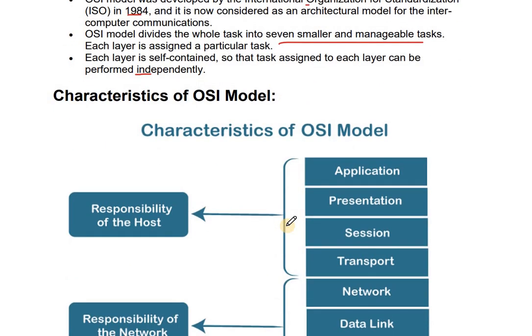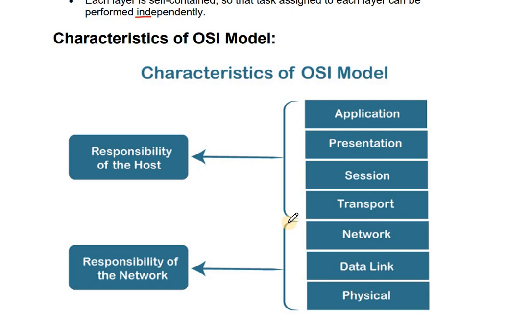Now look at the characteristics of the OSI model. We will go from top to down. First is the application layer, then presentation layer, session layer, transport layer, network layer, data link layer, and physical layer.